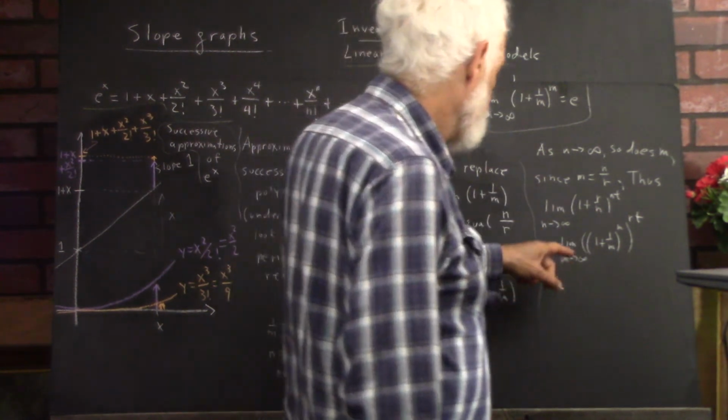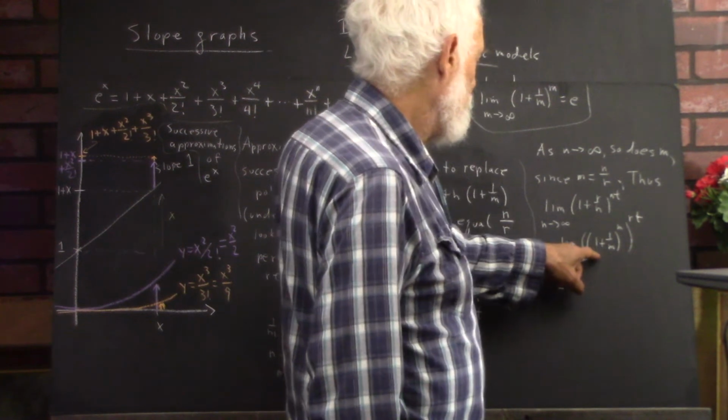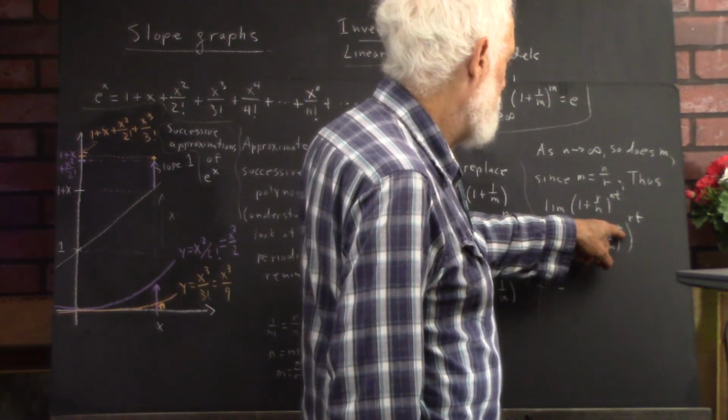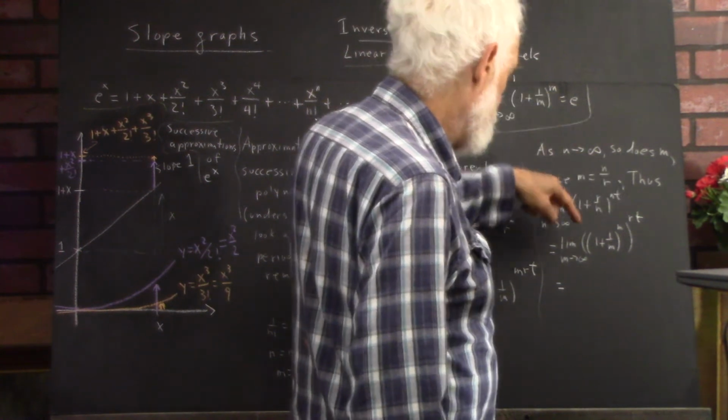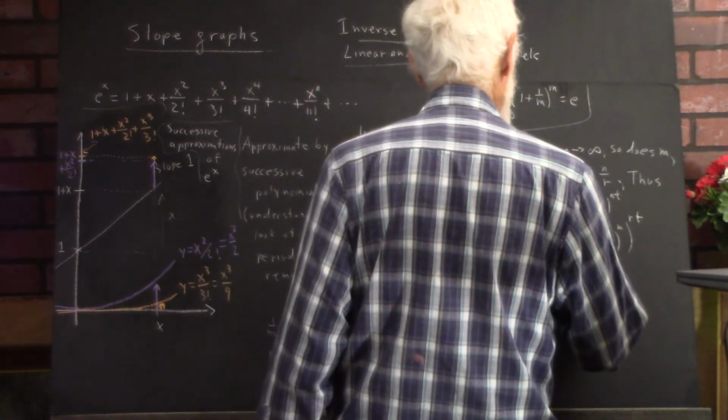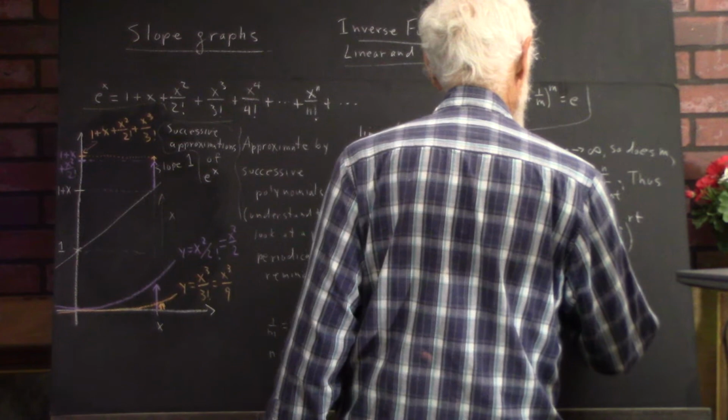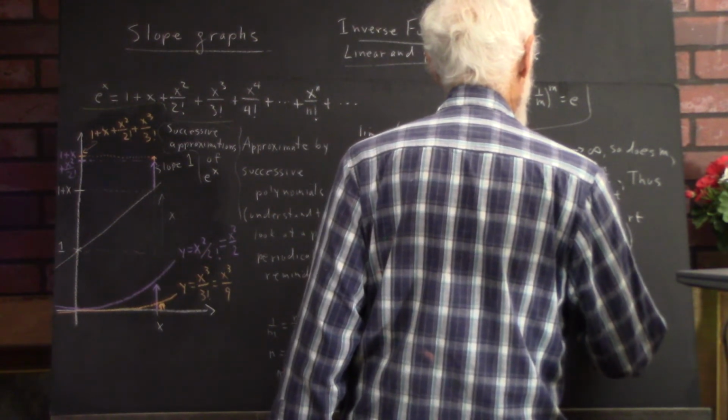It follows that since the limit as m goes to infinity of (1 + 1/m)^m is e, and since Rt doesn't depend on m, this is just e to the Rt.